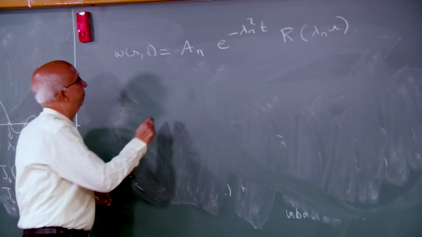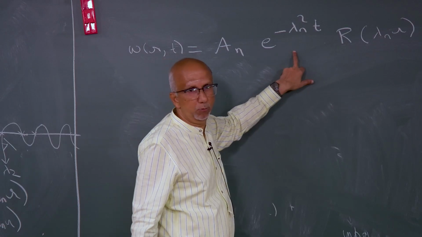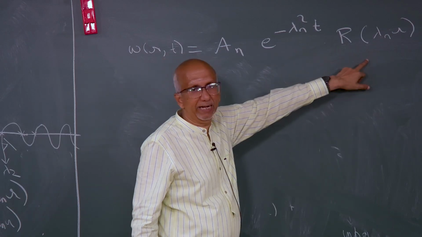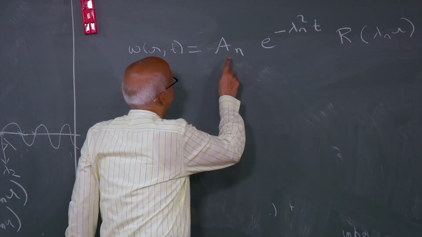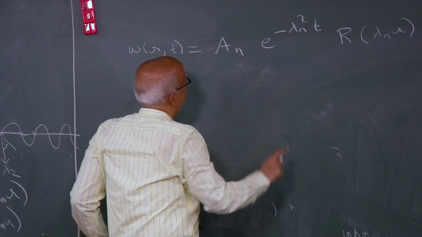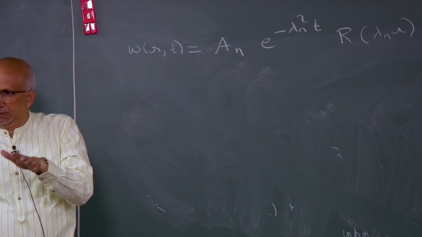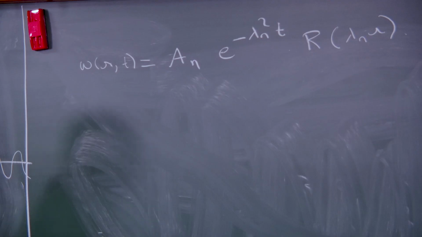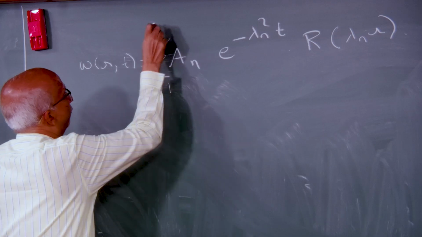But this satisfies what? The boundary conditions at r equal to 1 and 0, and I will have many of these, and because this equation is linear, a linear combination of all of this is going to satisfy my equation, and I write this as summation n equals 1 to infinity.